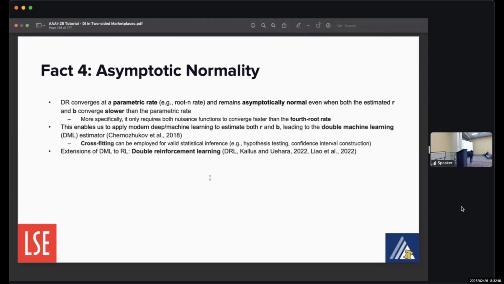There are also extensions of those double machine learning methods to reinforcement learning, which I will also discuss a few slides later. They are the double reinforcement learning estimators that generalize this DML to RL settings.